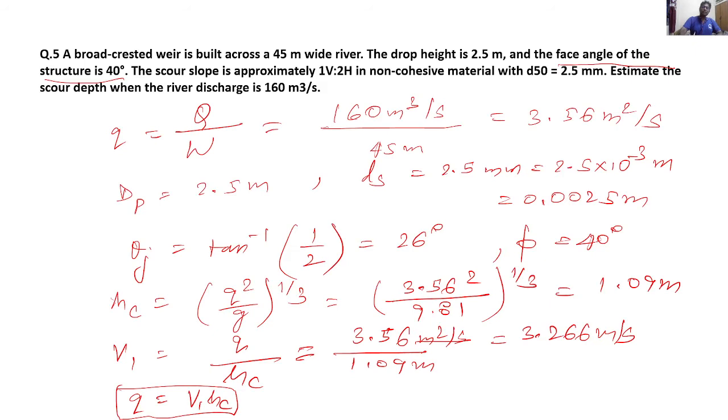So the question actually wants you to know the scour depth when the river discharges 160 meter cube per second. So we are indirectly finding out the discharge per unit width, and from that we will be finding out the scour depth from a very lengthy expression. This you will find in unit 6 of the class lectures.